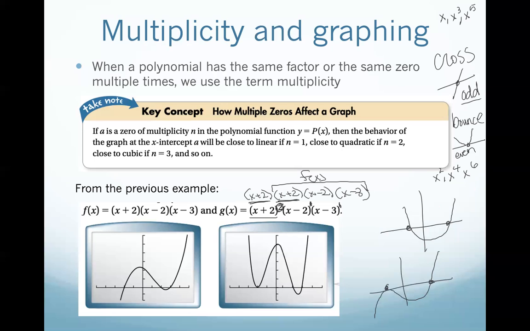If we look at these graphs of f of x and g of x from the last example and look at their behavior, notice they both go up on the right-hand side because our coefficient was positive, right? We said let a equal positive 1. We're not going to mess with an a right now.